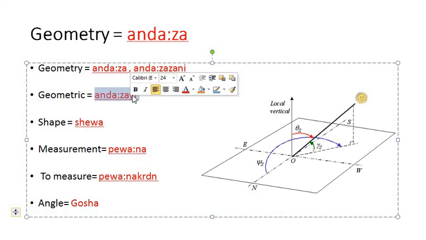This one is consonant because it is followed by a vowel sound. So this one is not vowel, this one is consonant. But with this I, they both have the same phonetic value, and you pronounce E strongly. So you say andazai.